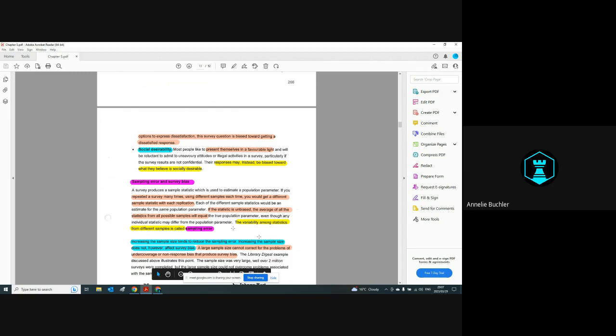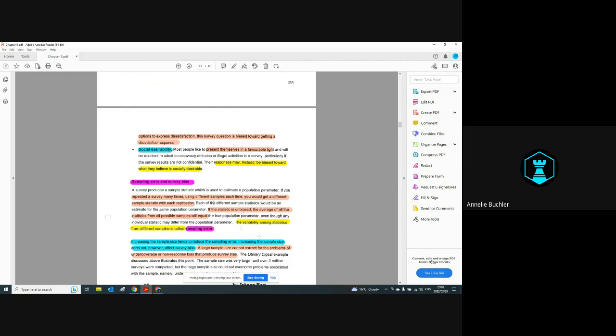If the statistic is unbiased, the average of all the statistics from all possible samples will be equal. So if you do a research study and you can't replicate the study, it's not a good practice.